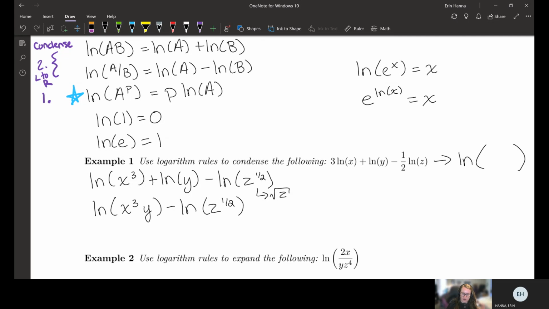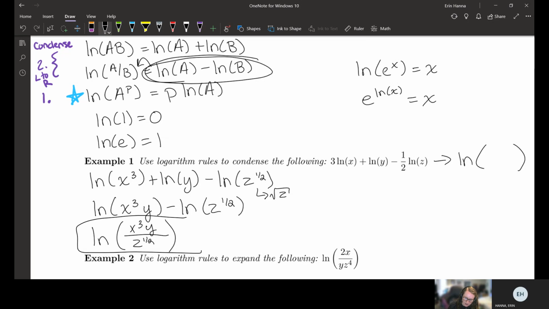And now I have natural log of x cubed times y minus natural log of z to the 1/2. Since we have a subtraction going on, we have the right side of this rule, and we can go backwards to make this the natural log of x cubed y divided by z to the 1/2. And this would be our condensed answer using those rules.